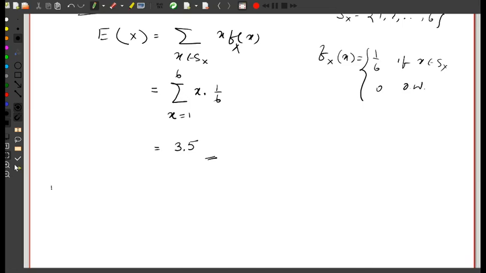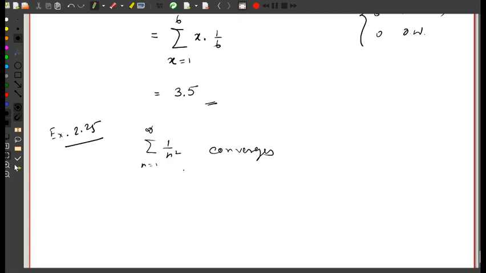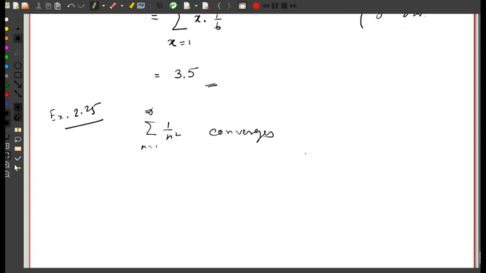Example 2.25. We know that the summation of 1 by n square converges. Suppose we take this sum, n equals 1 to infinity of 1 by n square, equal to I, and this I is a finite quantity.